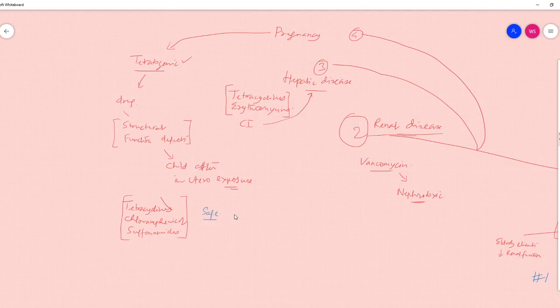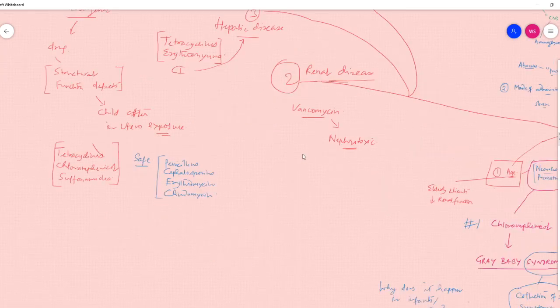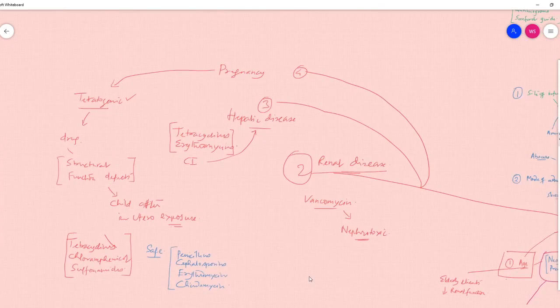The relatively safe drugs are penicillins, cephalosporins, erythromycin, clindamycin. These drugs are relatively safe. They are not found to be teratogenic, and therefore they can be given if the patient is pregnant.